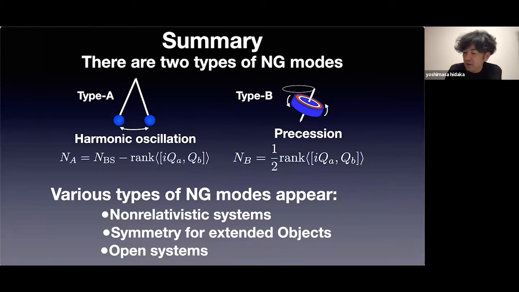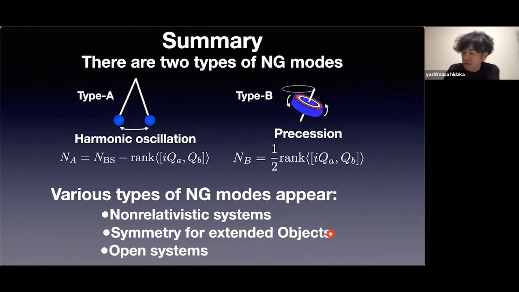So in the isolated system, here is some relation. The expectation value of the commutator gives you the type B mode, and the others give you the type A mode. So here is the non-relativistic system, and also we discussed the symmetry for the extended object.